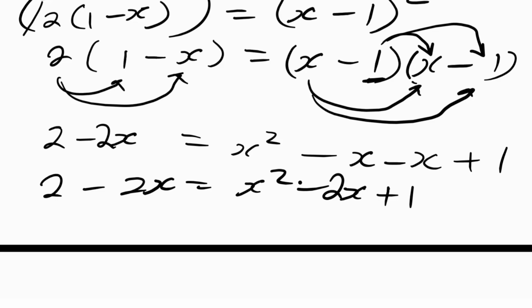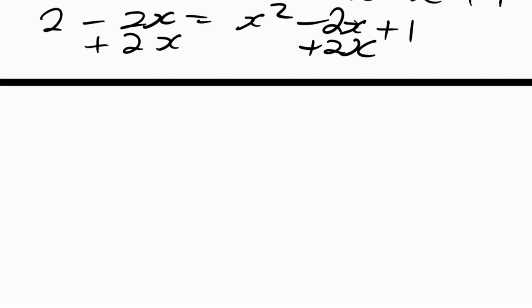Then what you can do is, if a number has similar sign and are on the opposite side, you can just cancel them out, or you can do it the manual way. You want to move this one to the other side, so you add 2x, you add 2x here.